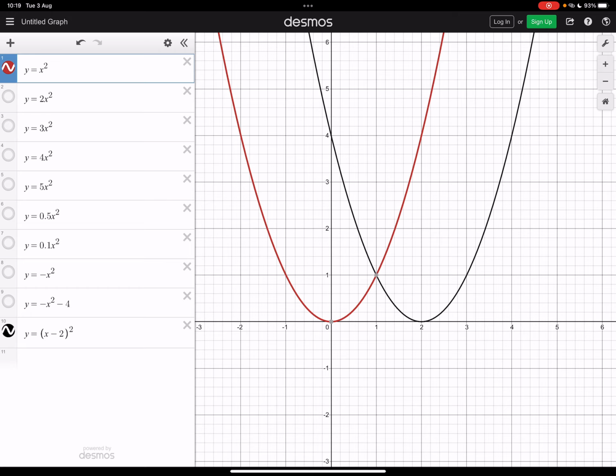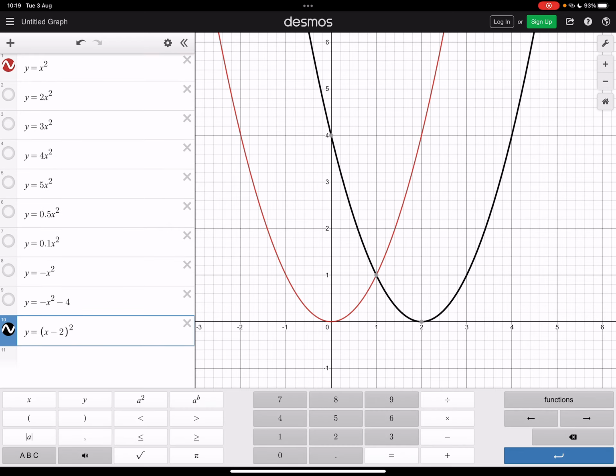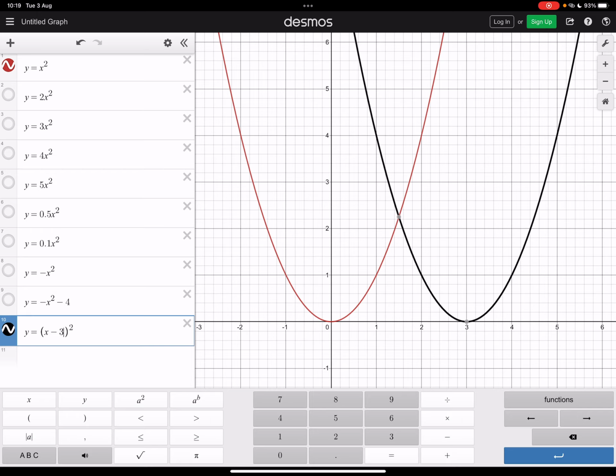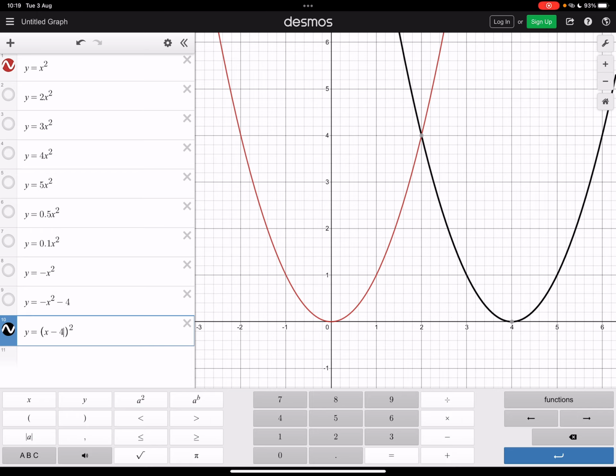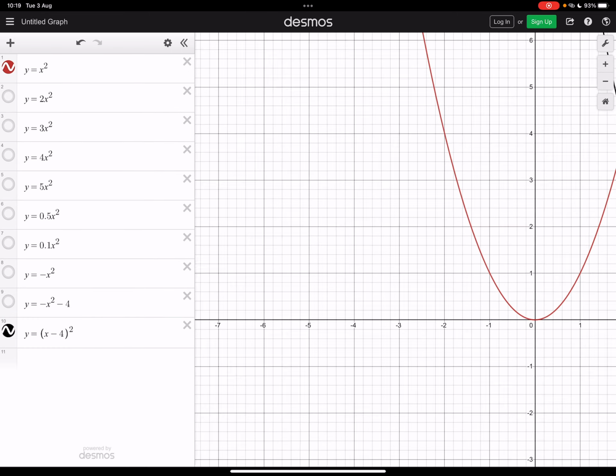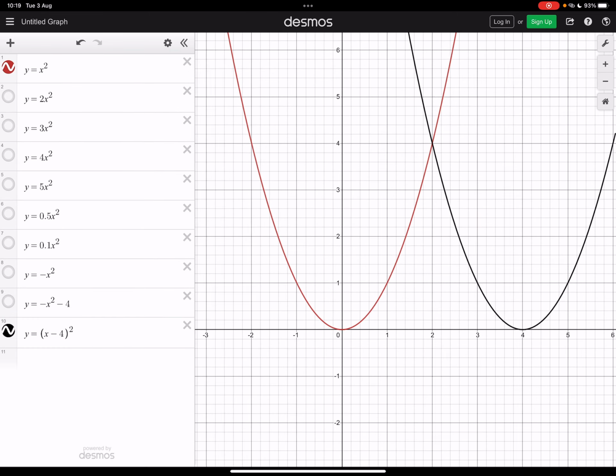And so the number that we see inside the bracket, we've written x minus 2. When that number is negative, so negative 2, it moves to the right. If I write negative 3, it moves to the right 3. Negative 4, it moves to the right 4. And again, this is counterintuitive. You'd think negative 4 would go backwards because negative numbers are on the left of the x-axis, but it works in reverse.